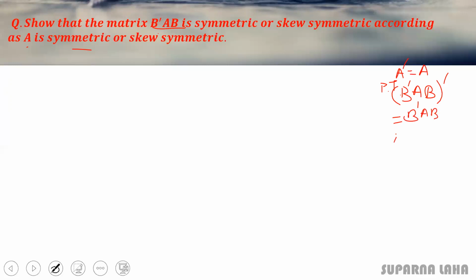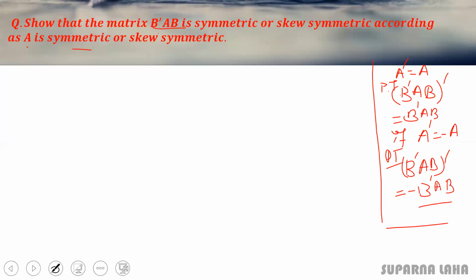And if A transpose is minus A, that is skew symmetric, then you need to prove that the transpose of B transpose AB is given by minus of B transpose AB. These two things you have to prove. So let's take the first one.